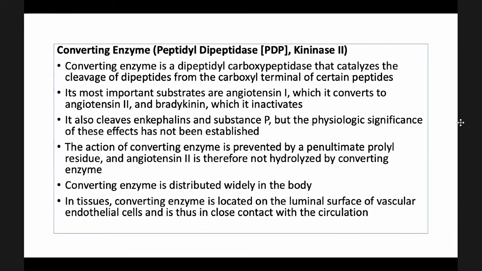It also cleaves enkephalins and substance P, but the physiologic significance of these effects has not been well established. The action of the converting enzyme is prevented by a penultimate prolyl residue, and angiotensin II is therefore not hydrolyzed by the converting enzyme.